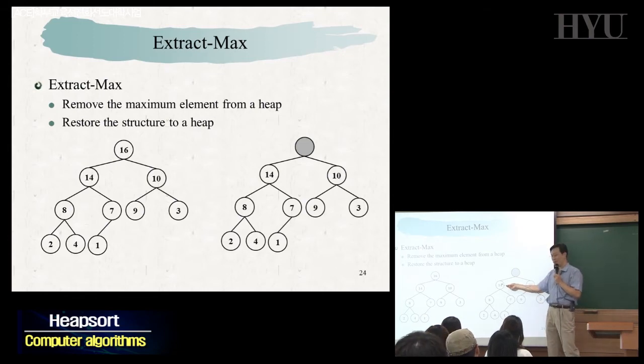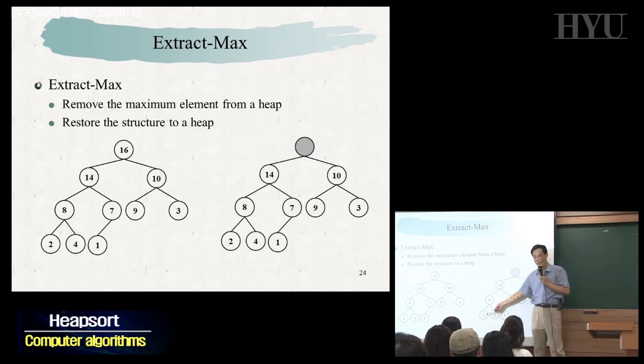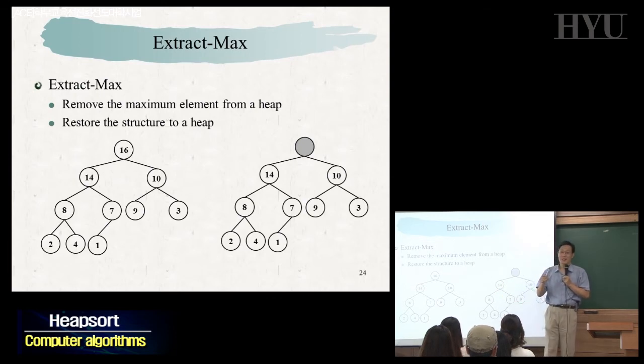Okay, 14 is moved here, and then 8 is bigger than 7, so it is moved here, and then yes, if 4 is moved here, then it satisfies the max heap property, but the shape is different.